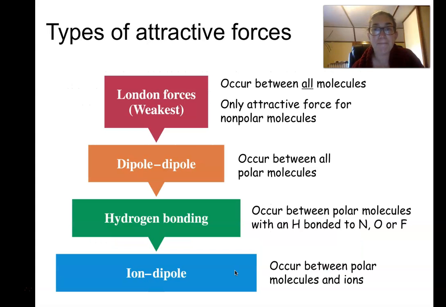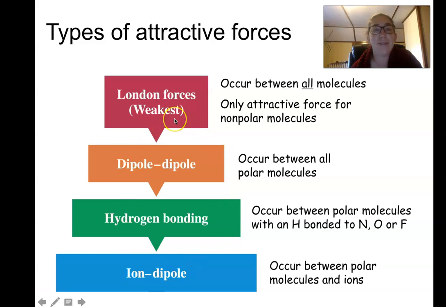So the different types of attractive forces are listed here in order of weakest to strongest. Now technically at the very bottom here we could have a 5th layer, and that would be ionic bonding, because it is an electrostatic attraction between negative and positive, but it is a type of bond, so I don't like to include it here.